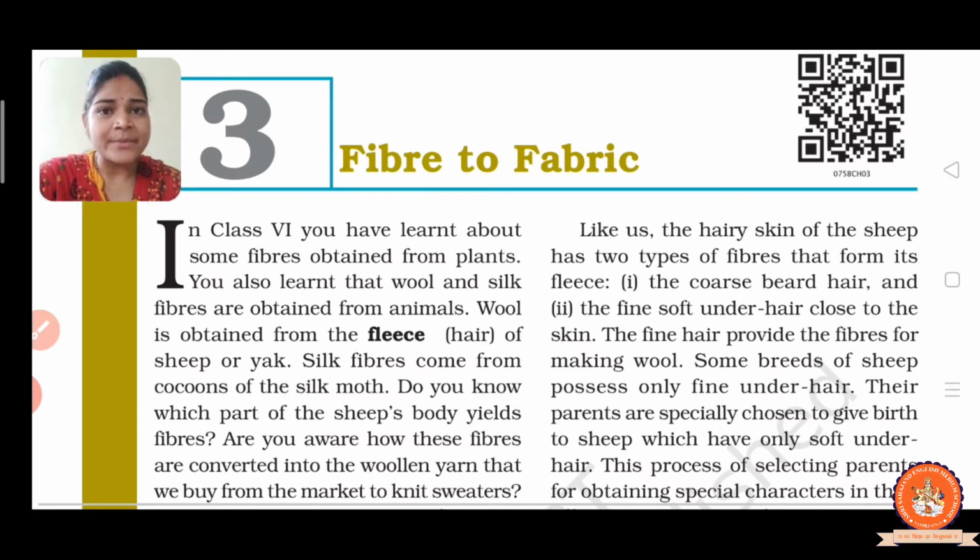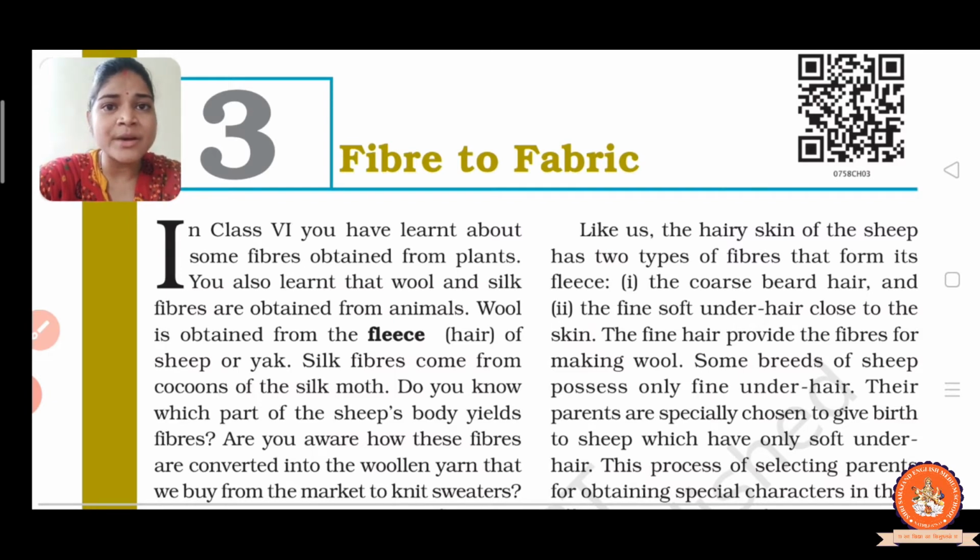The silk fabric we obtain from the silkworm, and the silkworm is an insect, right? And the silkworms are boiled alive. So what is the process to obtain the silk fabric?